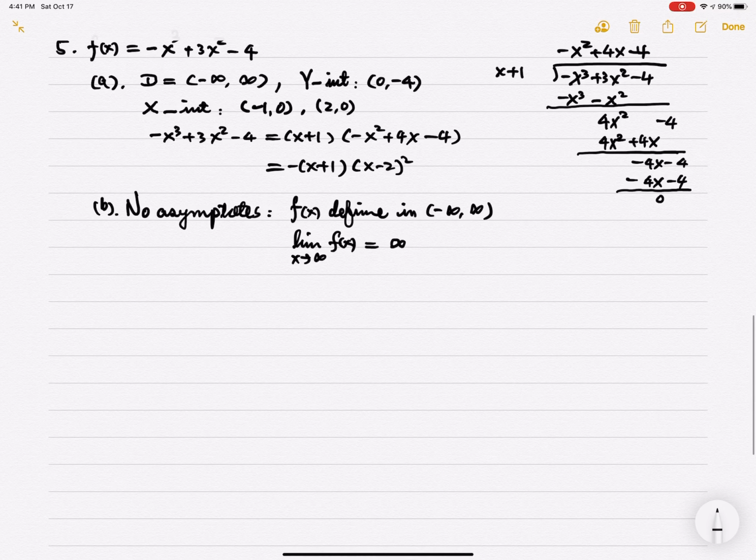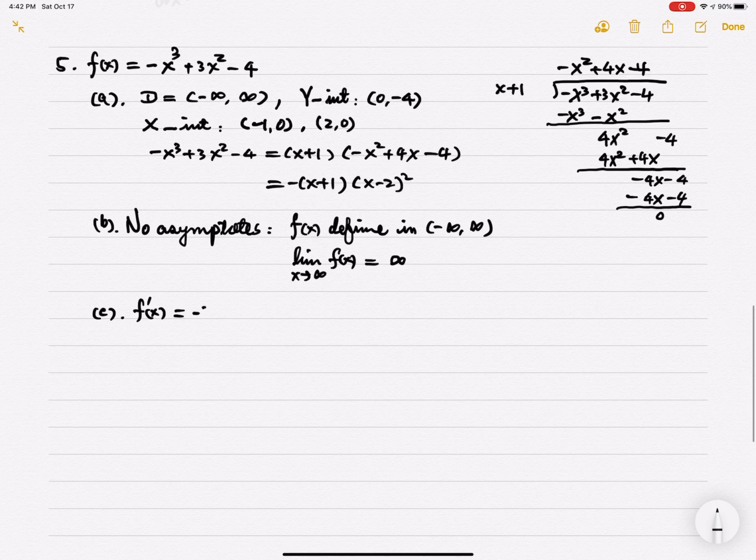Okay, part C. Part C, we ask you to use a table, so you need to calculate the first derivative, which is negative 3x squared plus 6x. Now this one, if I put a negative 3x, then we have x minus 2.